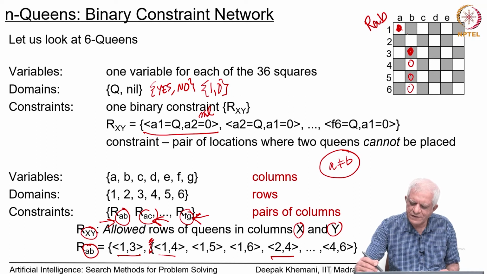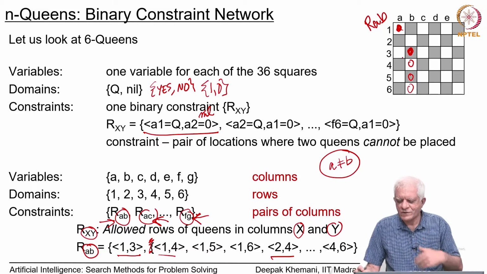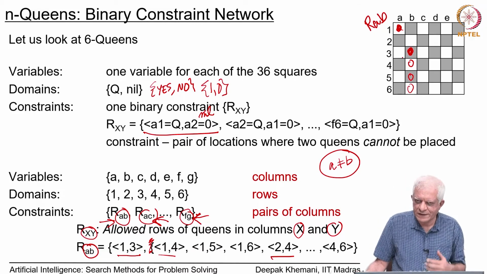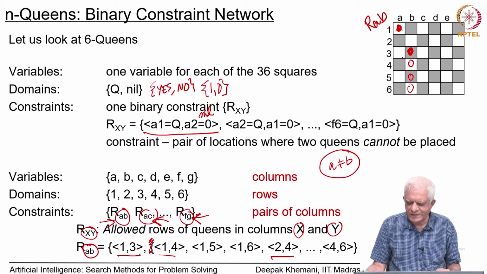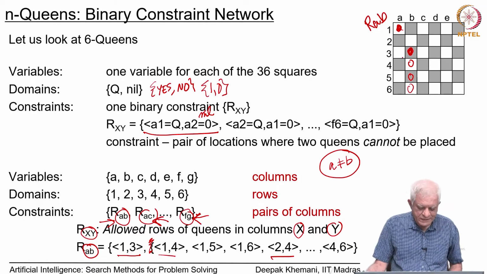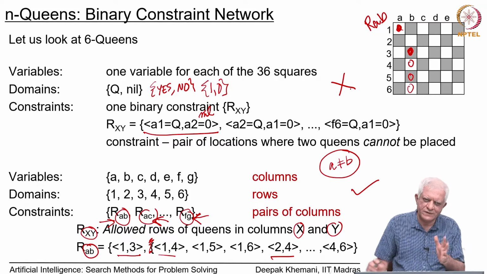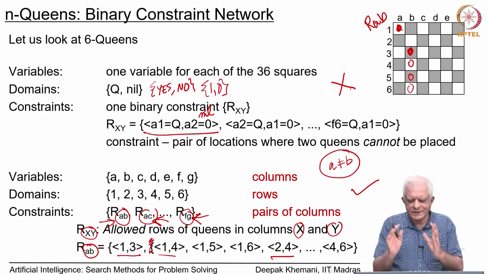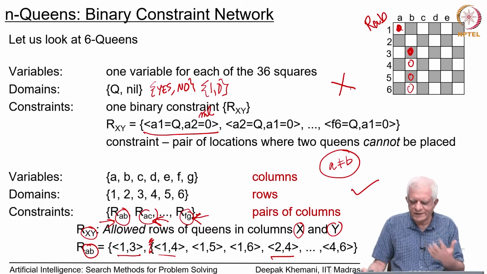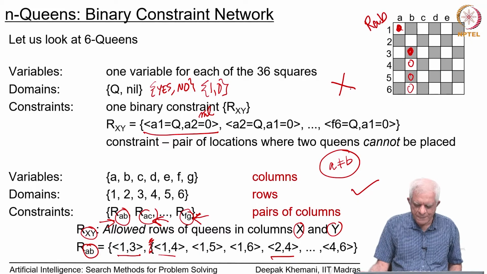Which means that you cannot draw an attack line between those two queens. So, that is the formulation. This is the preferred formulation, and the other is not the preferred formulation, even though it is more intuitive. It tends to think about the chessboard as a set of variables.